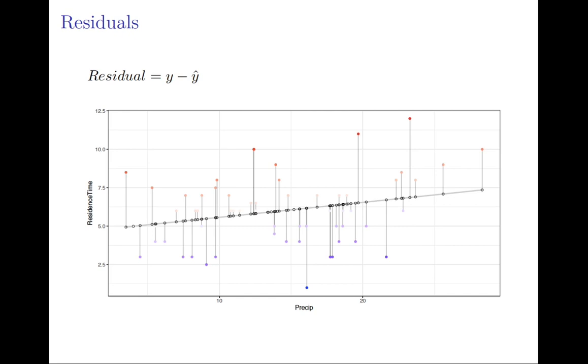So it's a bit different than before, where the x-axis was just the individual observation or the row. And so here you can see, as you look across precipitation, where your residuals fall above or below the expected line. And so again, look under the hood for the code for this if you want to make this plot.